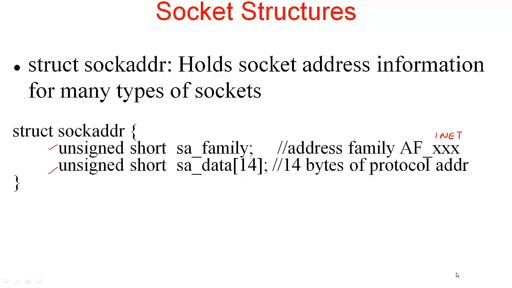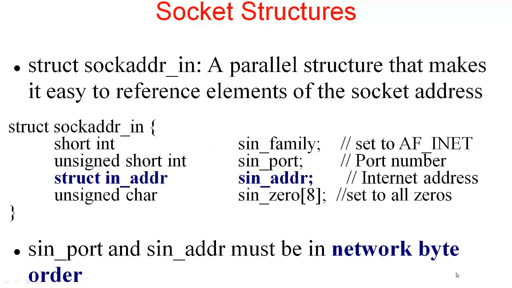But since we are interested in the internet socket, there is actually a parallel structure that is used to reference elements of the socket address. So this is the parallel structure, which in turn has four fields. One is the sin_family like before. Here it is set equal to AF_INET to refer to the internet socket.